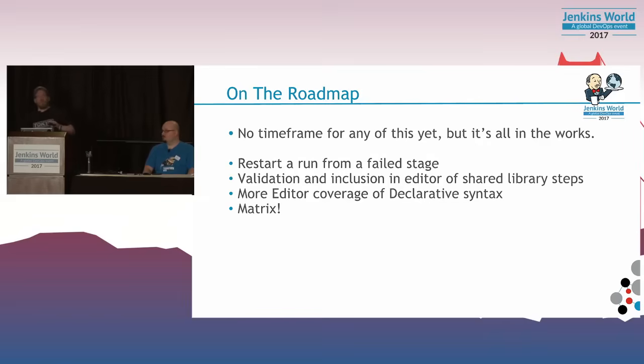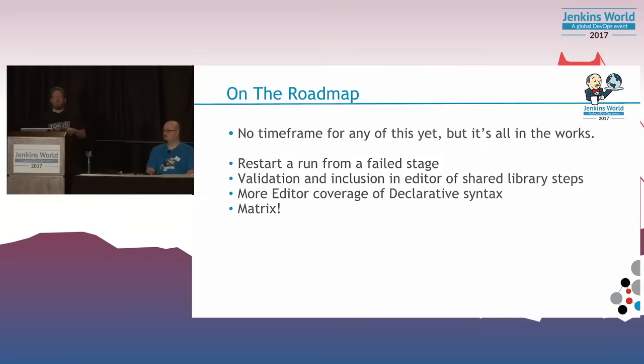Now, that's great that we got stuff coming in the next couple of weeks, but you also probably want to know where we're going with Declarative down the road. So I have no time frame for any of this. I will make no promises. It's also possible some of these things won't necessarily happen. We'll find out, but hopefully they'll happen.